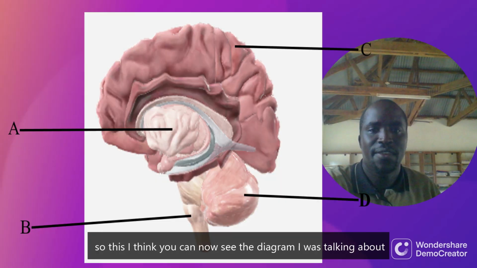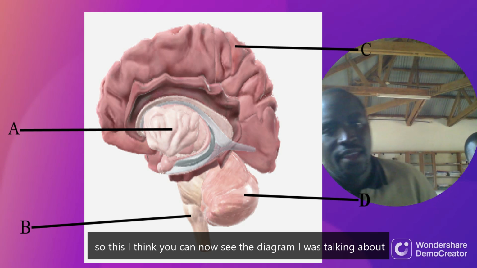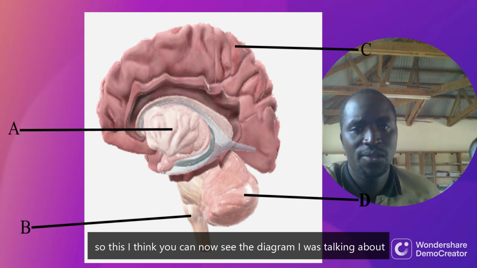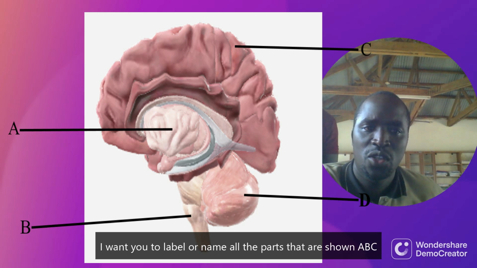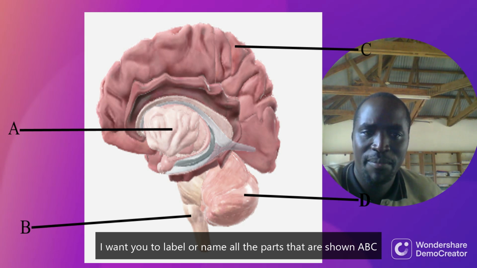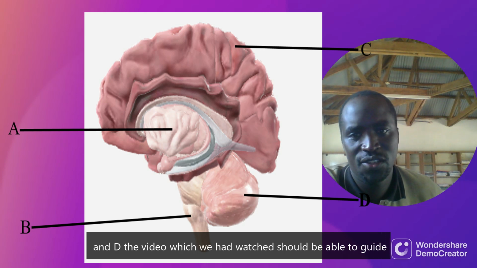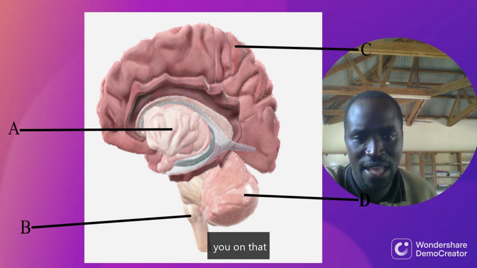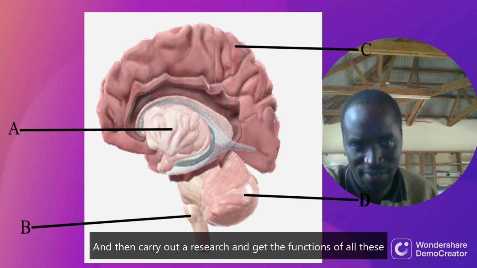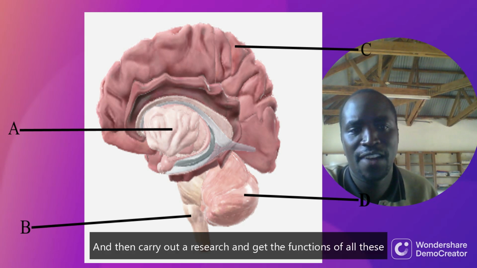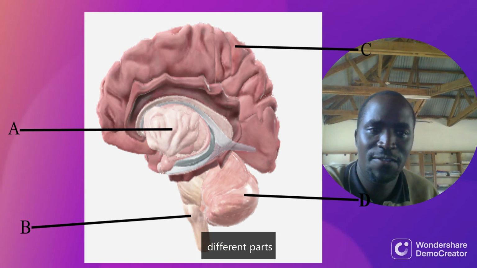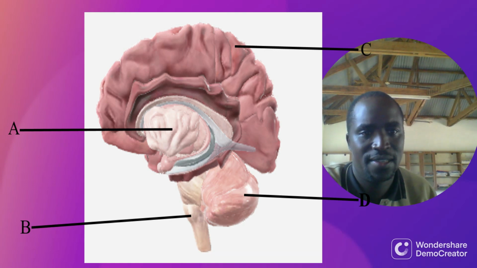So I think you can now see the diagram I was talking about. I want you to label or name all the parts that are shown, A, B, C, and D. The video which we had watched should be able to guide you on that, and then carry out a research and get the functions of all these different parts.